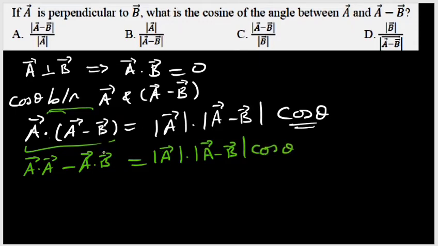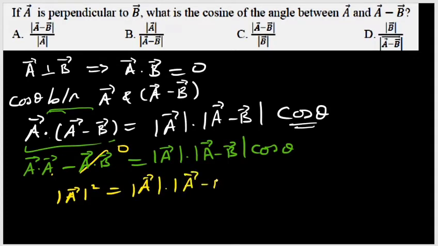But A dot B is 0, since they are perpendicular from the beginning, so you can ignore it. And A dot A is magnitude of A squared, which is equal to magnitude of A times magnitude of A minus B times cosine of theta.